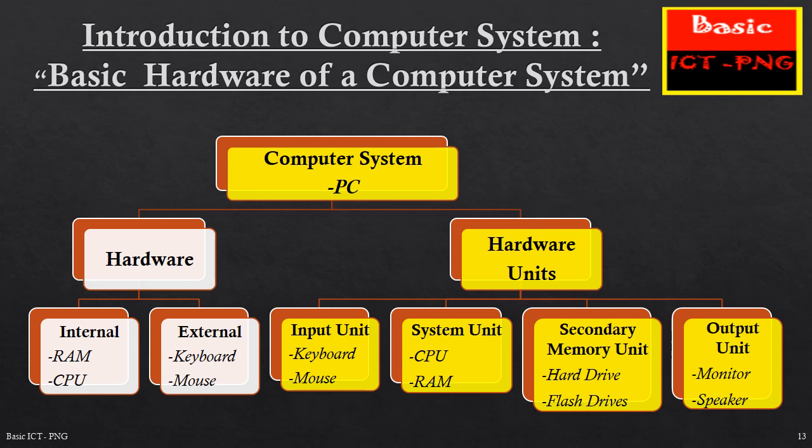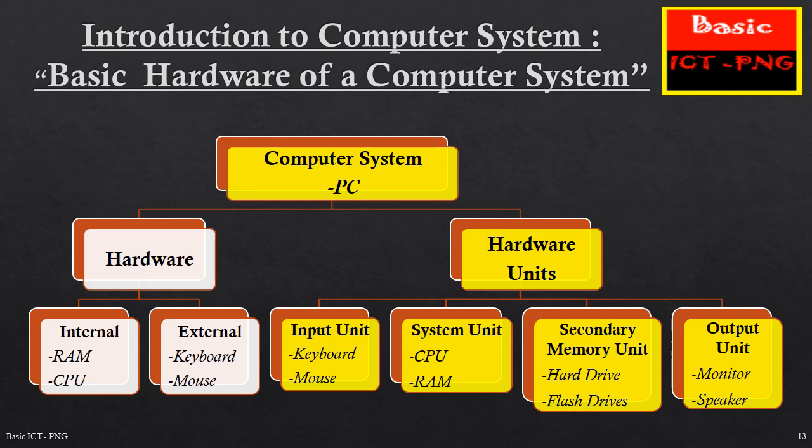So they can also be categorized as hardware units, according to the functions they carry out. So the input unit consists of input devices, while the system unit consists of processing devices. Secondary memory unit consists of storage devices. Therefore, secondary memory unit is sometimes referred to as the storage unit.